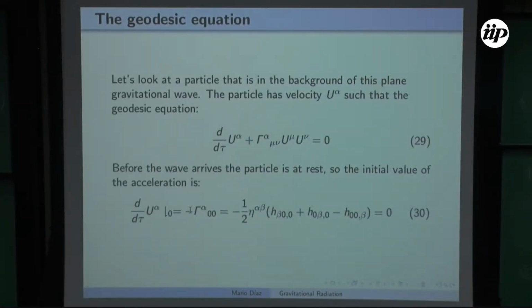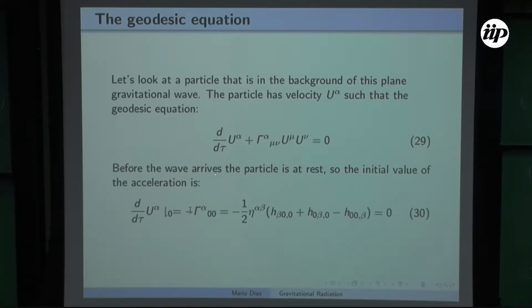Now, in order to understand what this wave does, the best tool that we have is studying the deviation of the geodesics. So first, let's take a look at the geodesic equation. The particle has a velocity u alpha, such that the geodesic equation can be written this way.